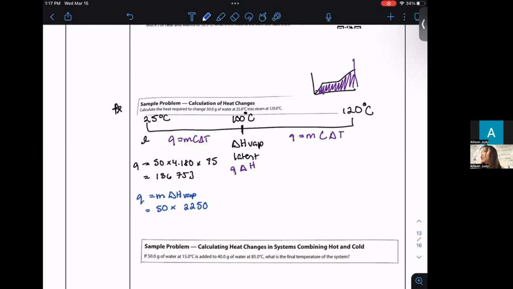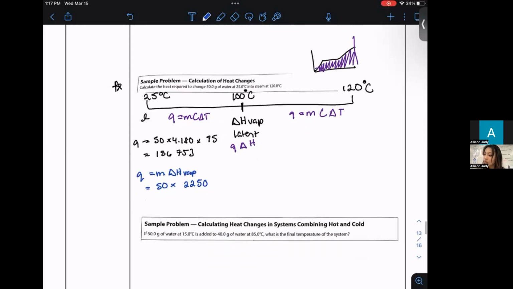That you would have had to look up. It's not a number you have to memorize, it would be given to you. It's giving you a total of, for the latent plateau portion, 112,500 joules.